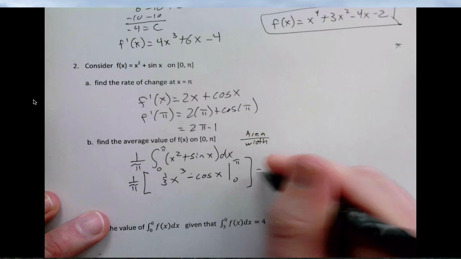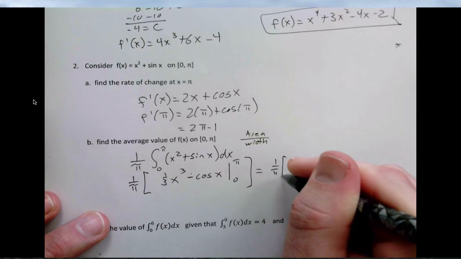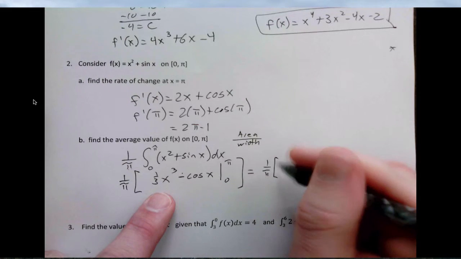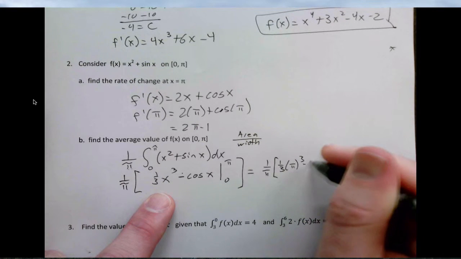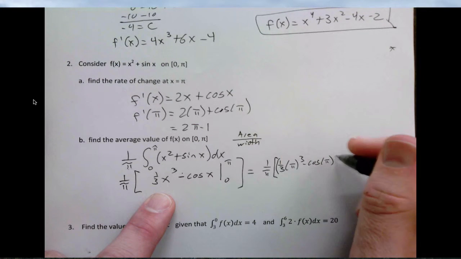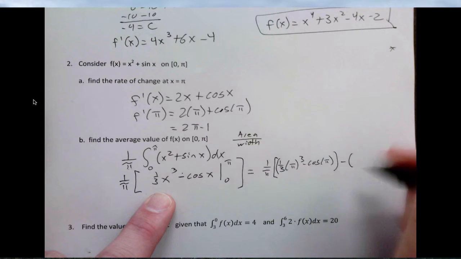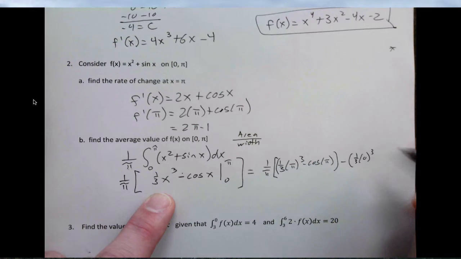Okay, so let's figure out what this is. So I have 1 over pi. Now I have 1/3 pi cubed minus cosine pi. That entire amount here is going to subtract 1/3 0 cubed minus cosine 0.